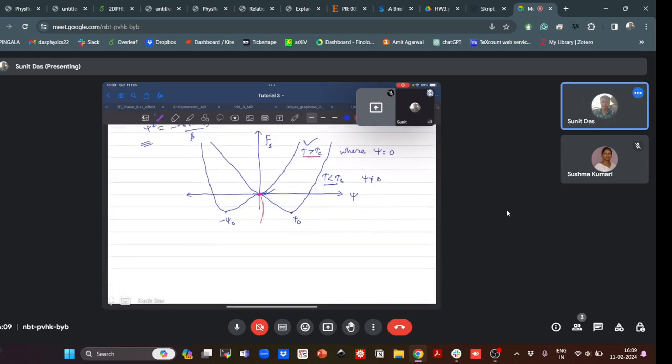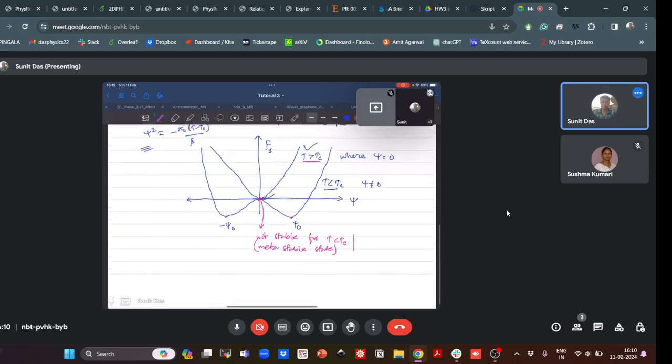It is not stable for T less than Tc, because the free energy can be lowered if we go to psi 0 or minus psi 0, right? So this is rather a metastable state, where there is a local minima or local maxima. In this case, this is a local maxima.